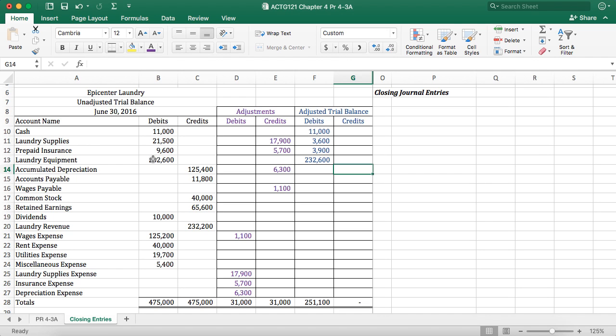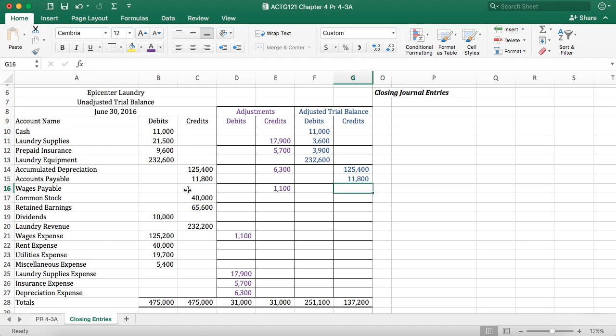So debit minus credit equals debit. If it's a credit and we reduce it with a debit, so credit less debit equals credit. So just keep those in mind. And it does take a little while to remember, so don't feel bad if you can't remember right offhand.